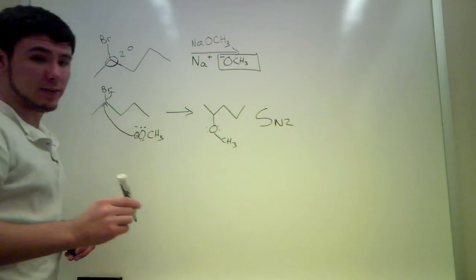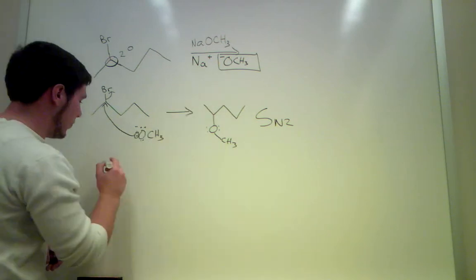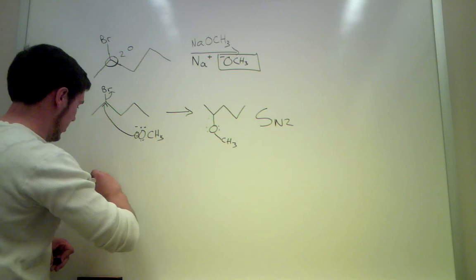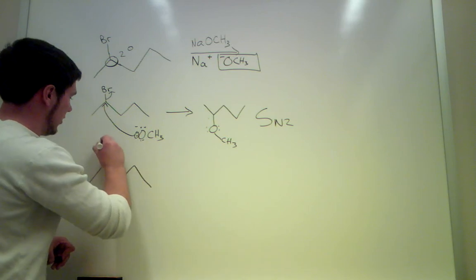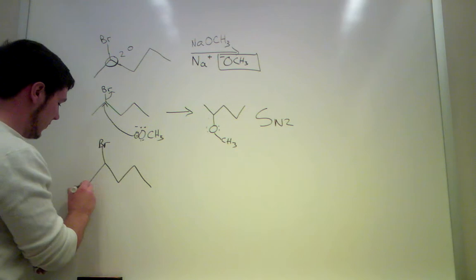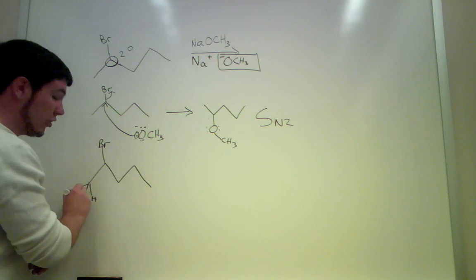Now for our E2, this is going to act as a base rather than a nucleophile. And we're going to be looking at the hydrogens on the adjacent carbon to this bromine.